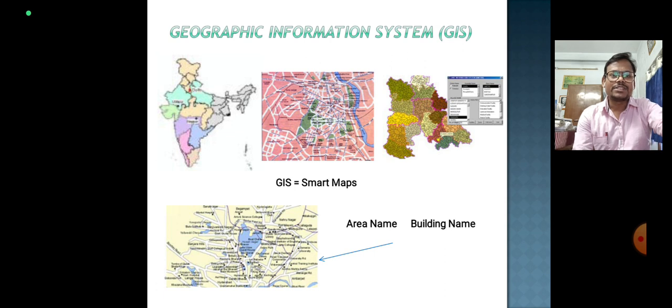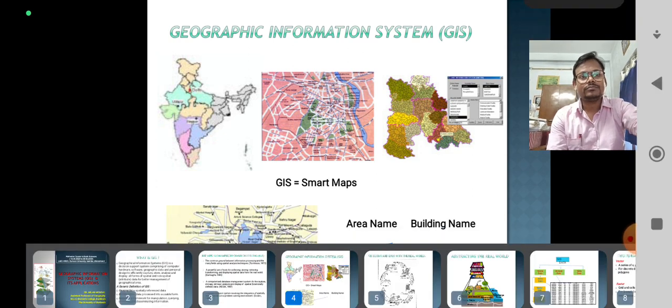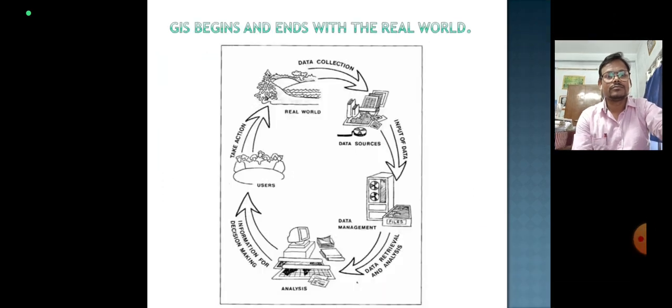Geographic information is presently called smart maps. GIS begins and ends with the real world. GIS is actually handled with real world data.